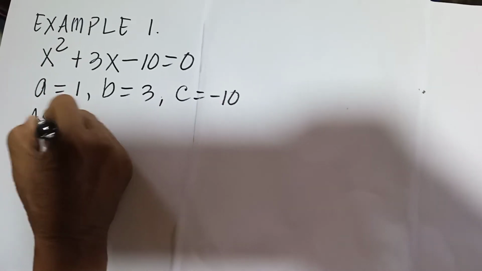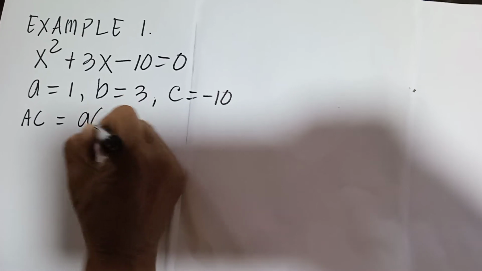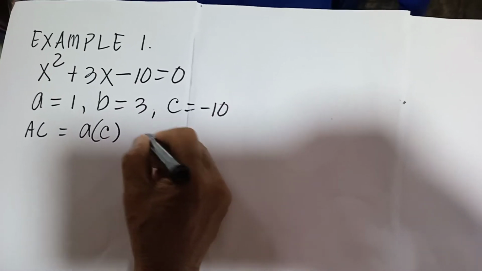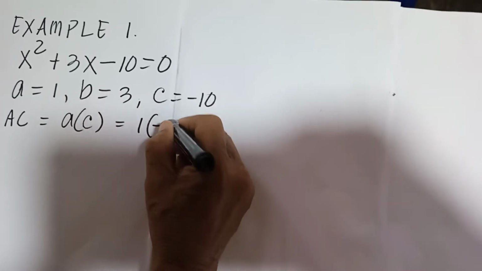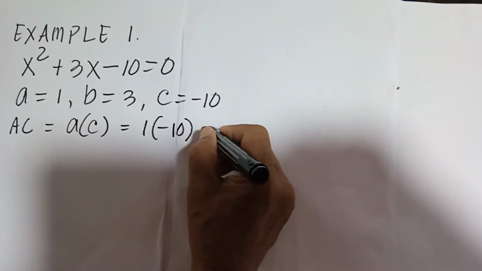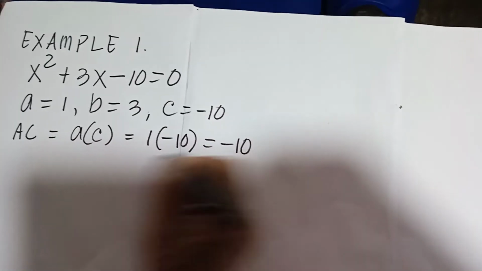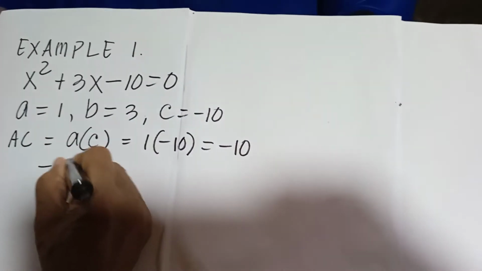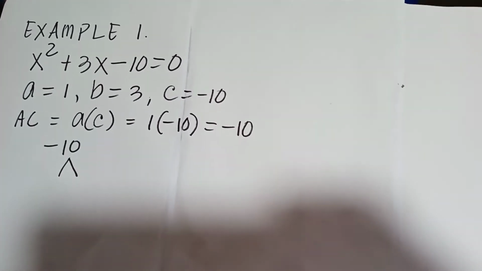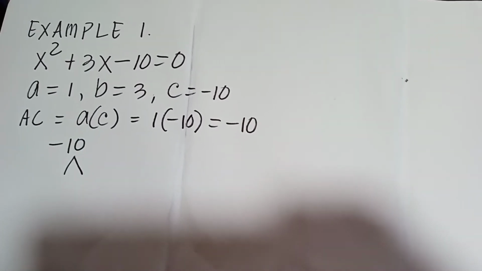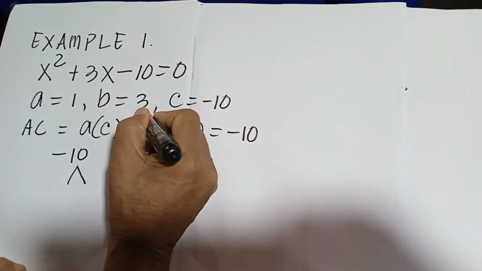AC means we multiply A times C, that is 1 times negative 10 equals negative 10. This negative 10 shall be factored such that the factors will differ by B, that is 3.